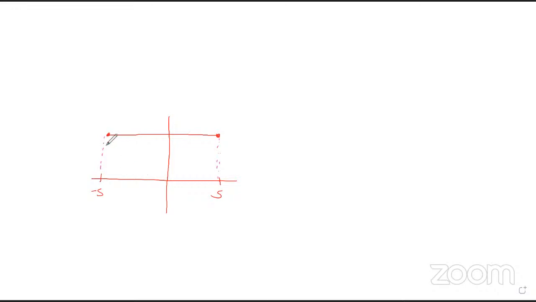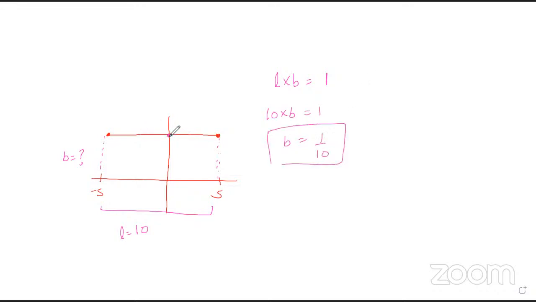So what is the length of the rectangle? 10. Breadth we need to find, and area we know is 1. So L into B is equal to 1. So 10 into B is equal to 1. So B is 1 by 10. It means this point on the y-axis is 1 by 10. So it is your f of x, and here it is k. So k is 1 by 10 or 0.1.